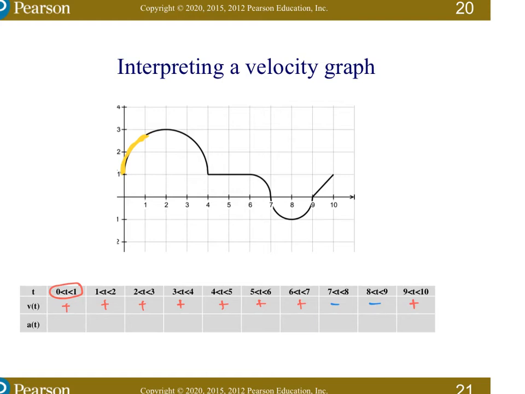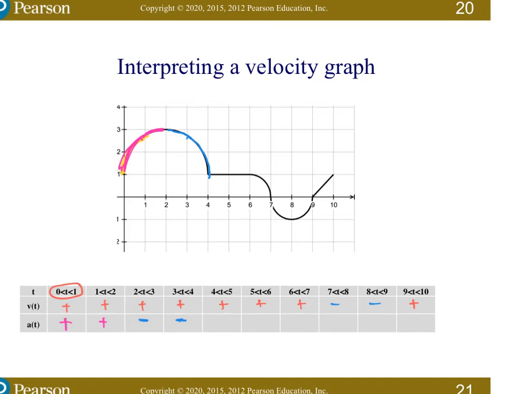How about pink? Okay, this section has a positive slope. From 1 to 2, it still has positive slope, and so that would be positive again. Now after the number 2, it starts to decrease from 2 to 3, and it decreases from 3 to 4.